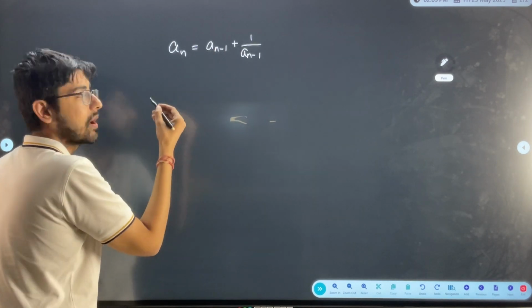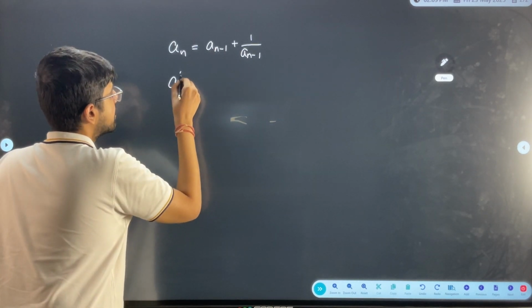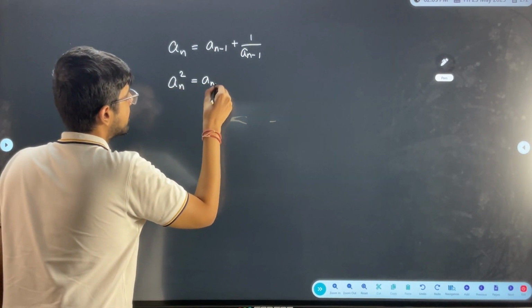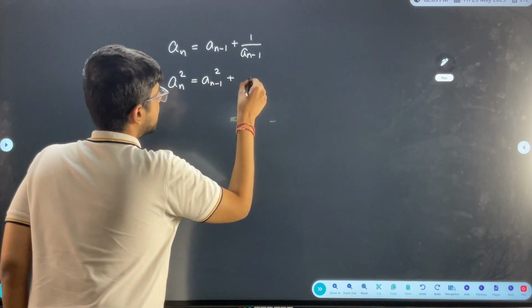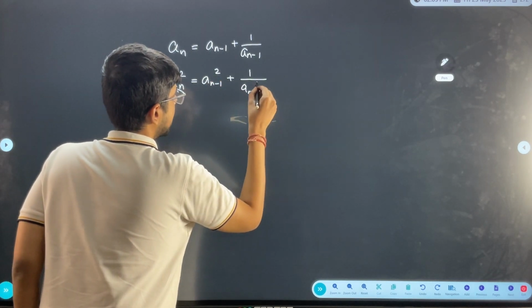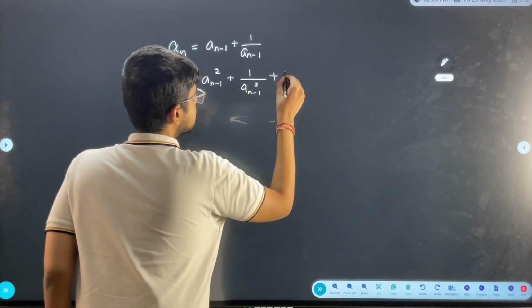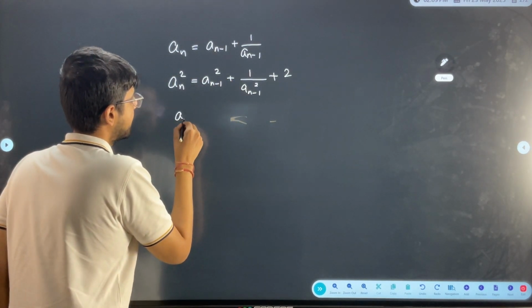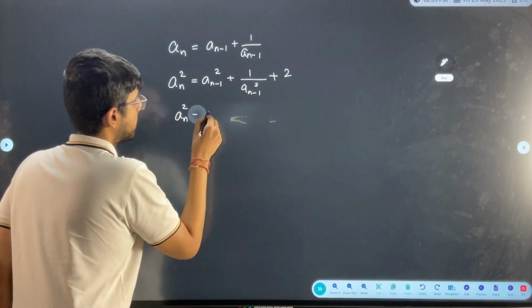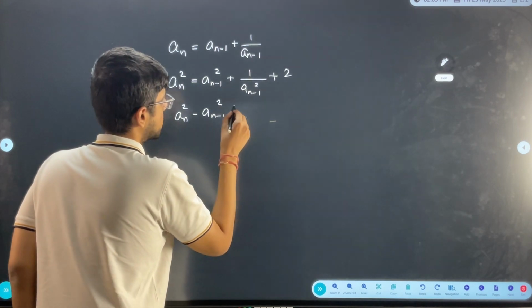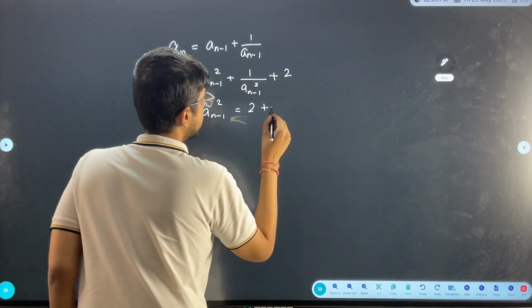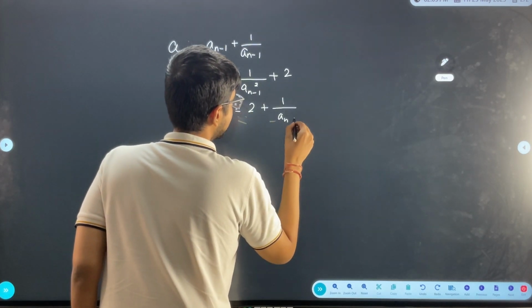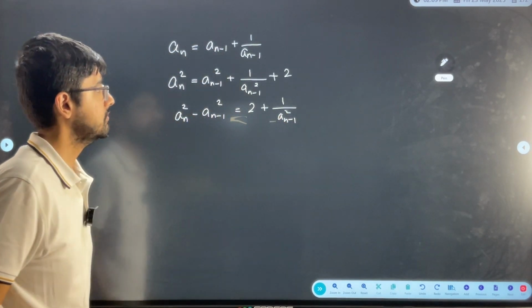So, if I square both sides, I have an square is equal to an minus 1 square plus 1 by an minus 1 square plus 2. And I can say an square minus an minus 1 square is equal to 2 plus 1 by an minus 1 square.